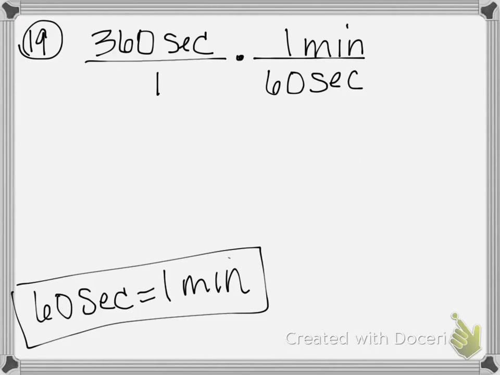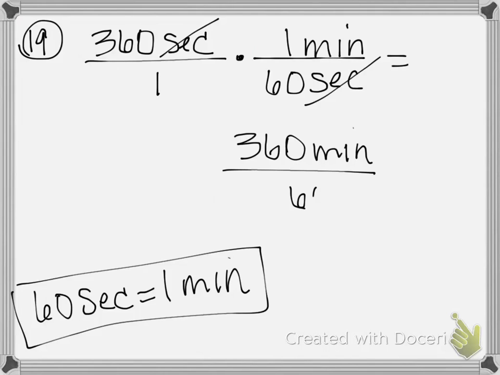My seconds cancel, and I've got 360 times 1 is 360 divided by 60, which gives me, what is that, 6 minutes. So 360 seconds is the same thing as 6 minutes.